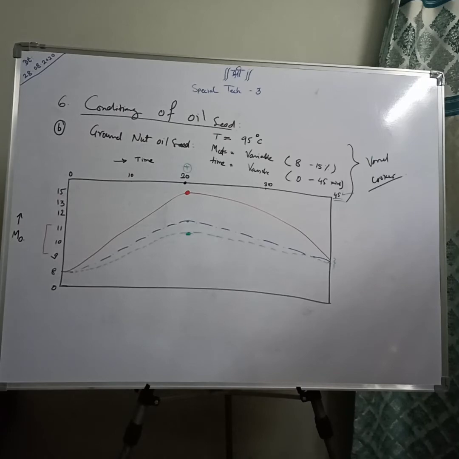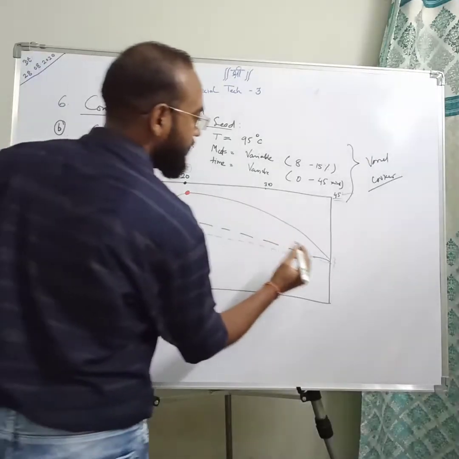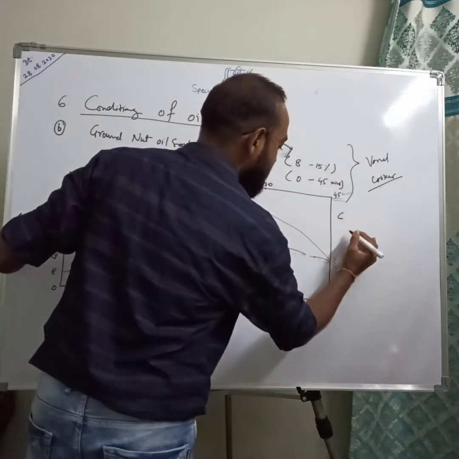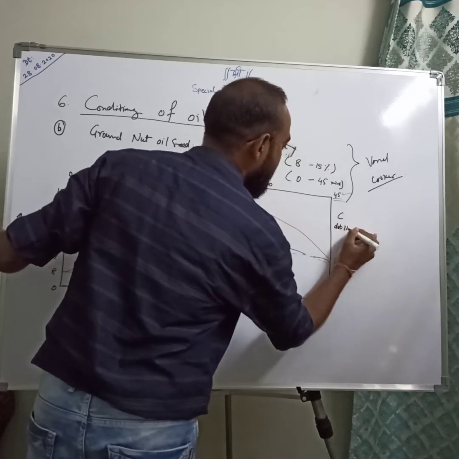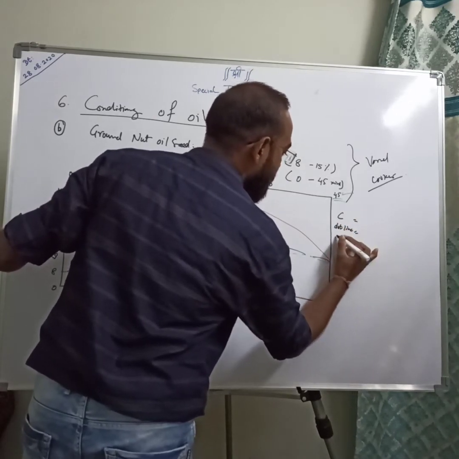From these experiments we get the data. There are three different lines: first one is a continuous line, second one is a dot and line, and third one is a dotted line.